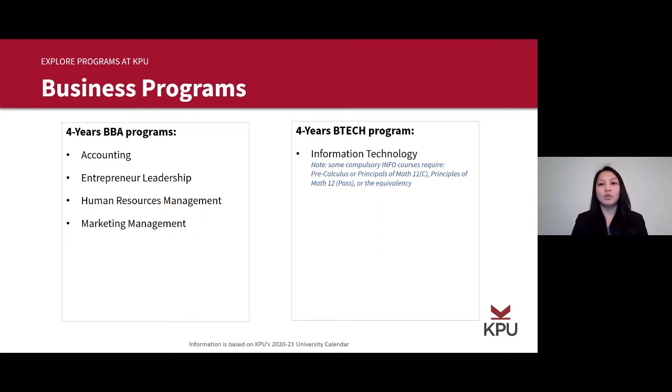If you happen to like this program but you don't have the math prerequisite, make sure you speak with one of our international advisors so that we can take a look to see what options you have, or if you can take the math placement test to meet the math prerequisite requirement.